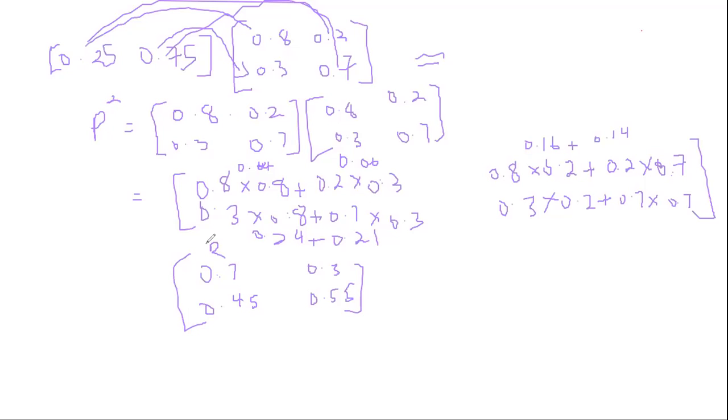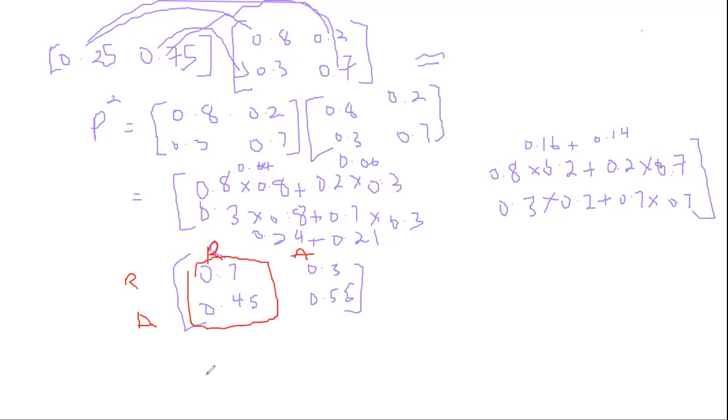So I have rapid, I have automatic, and then I have rapid, automatic in the second transition. So if I want the probability that somebody will still be using a rapid method, that will be it.